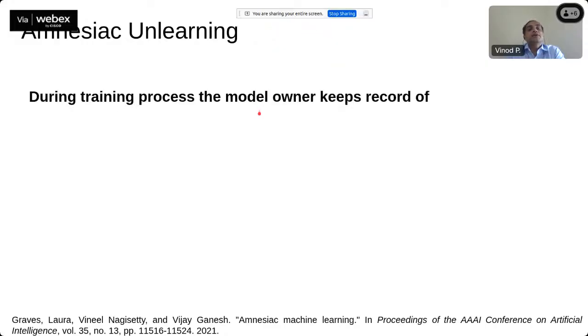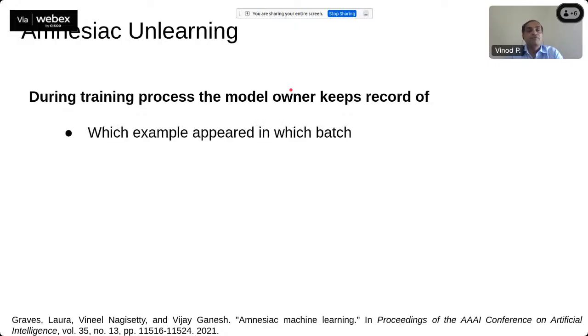What happens in amnesiac unlearning is that the model owner keeps a record of some basic information. The first thing the model developer keeps track of is the batches which contain sensitive data points.